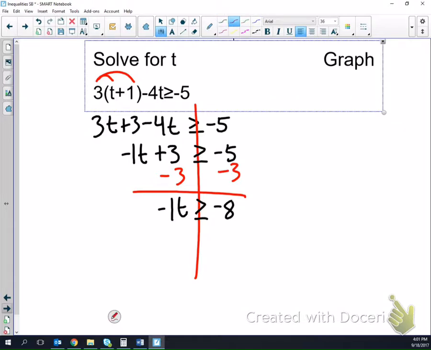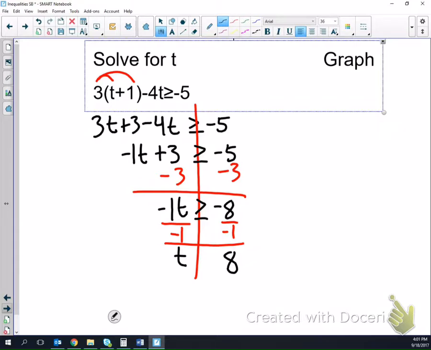So what we're going to do, and here's kind of why I kept the 1, we didn't have to do it this way, but I think it makes it clear, since I'm multiplying by a -1, I'll divide by a -1. Now if I divide by -1, I get a positive t here, positive 8 here.